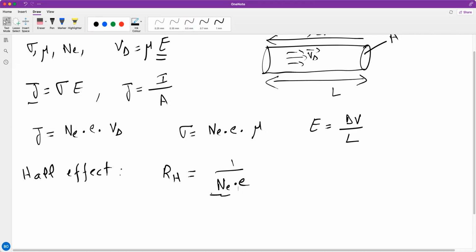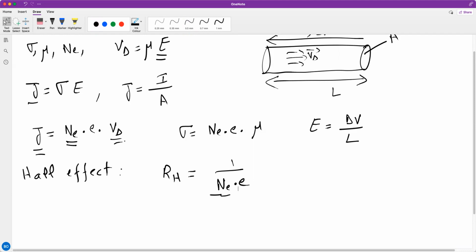So you can see that it depends on the material properties, because the density of electrons depends on the density of free electrons. You can see from here that the density of electrons is related to J and to the drift velocity.